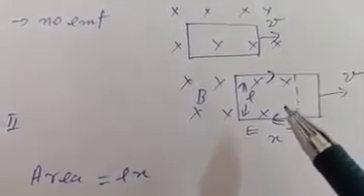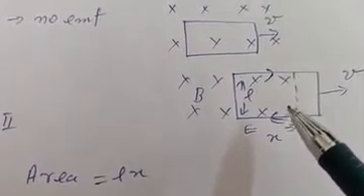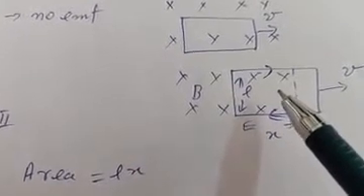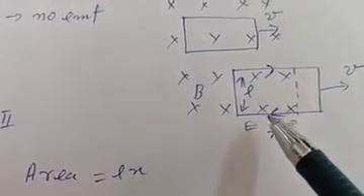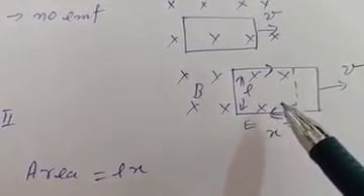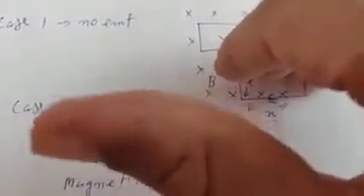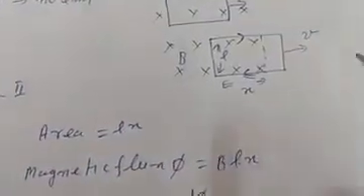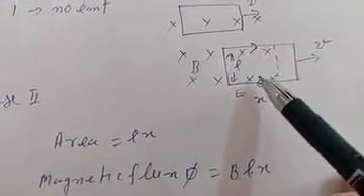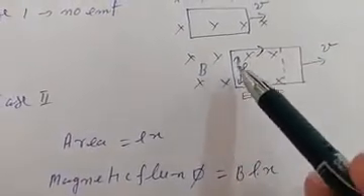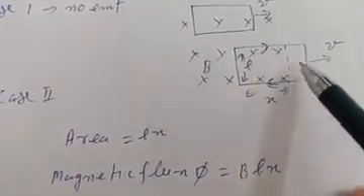So the induced current will tend to increase the magnetic flux. The magnetic field is inward, so due to the induced current as well, the magnetic field should be inward, only then it can increase. So what should be the direction of the magnetic field? Inward. So what will be the direction of the current? So this will be the direction of the current, like this.